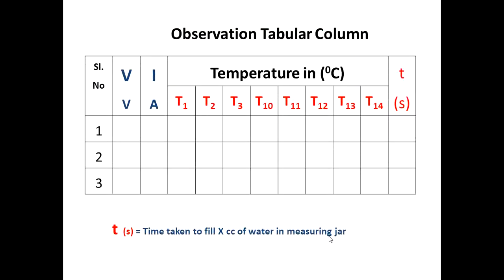Observation tabular column: note down the temperatures from T1 to T14. We are restricted here to T1 to T3 for the hot side temperature, and T10, T11, T12 for the cold side; T13 and T14 are the measurement of delta TW.